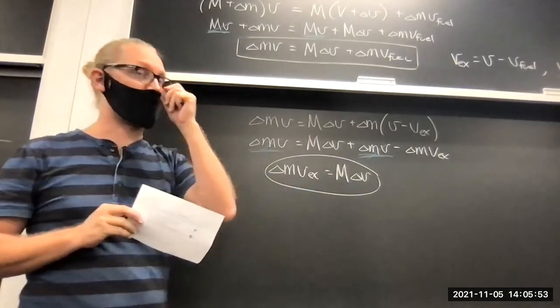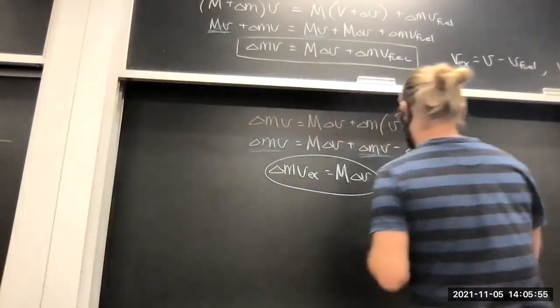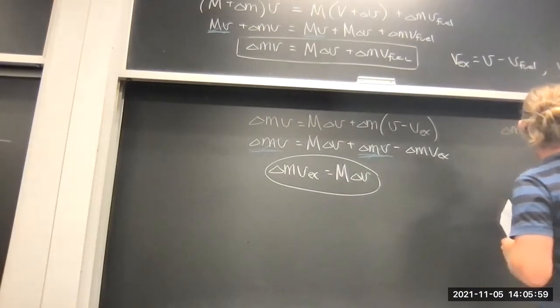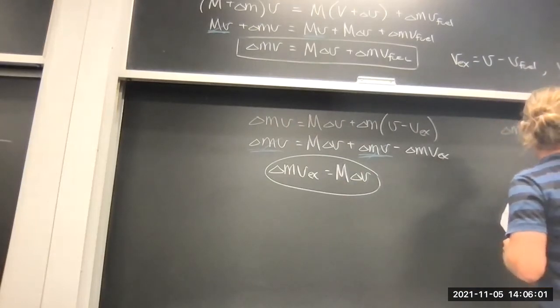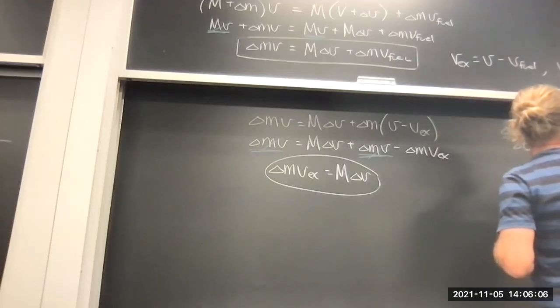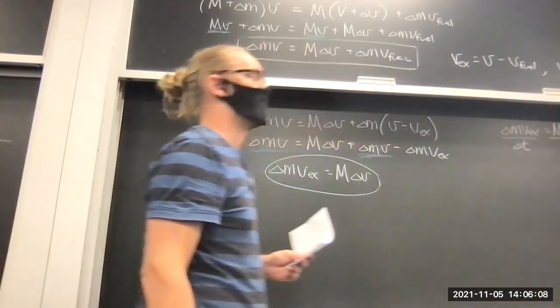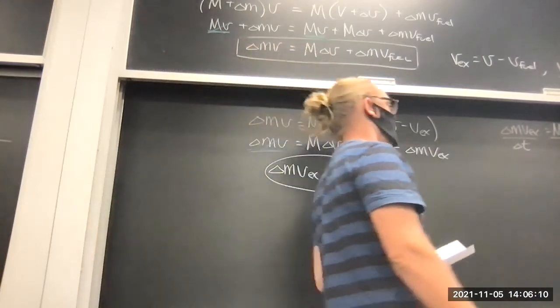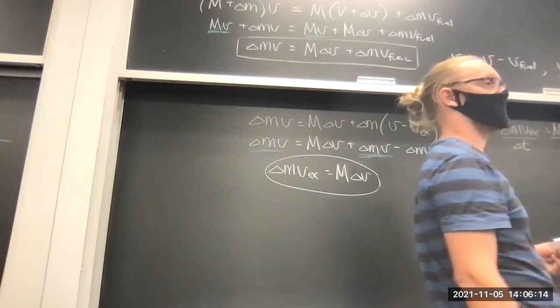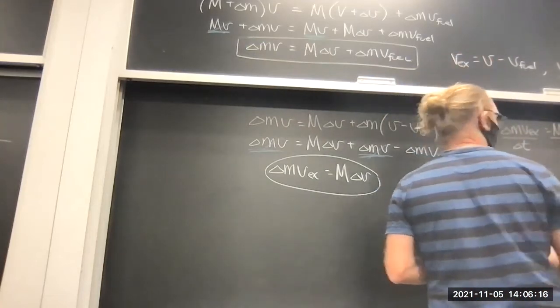Okay, so I'm going to take a little side trek here. What if we divide both sides by delta t? Or, I guess that's actually very interesting. Yes, it is. I didn't think about that.